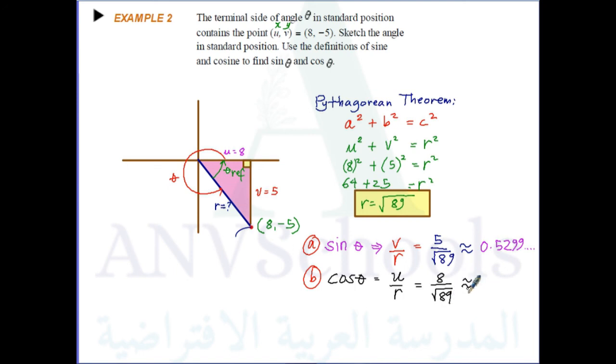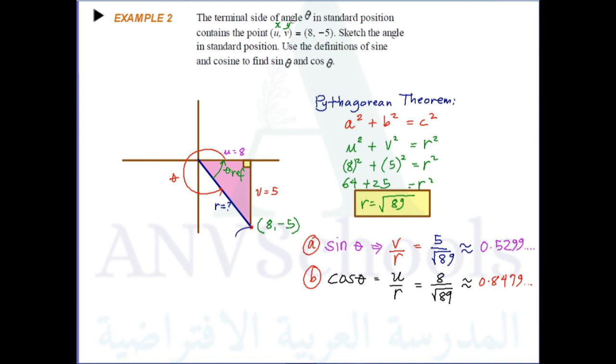That will give us a value which is equal to 8 divided by square root of 89. So that will be 0.8479. Okay, these are the values of our sine theta and cosine theta.